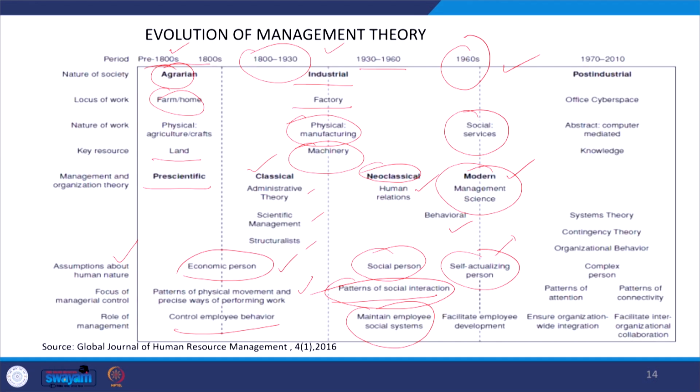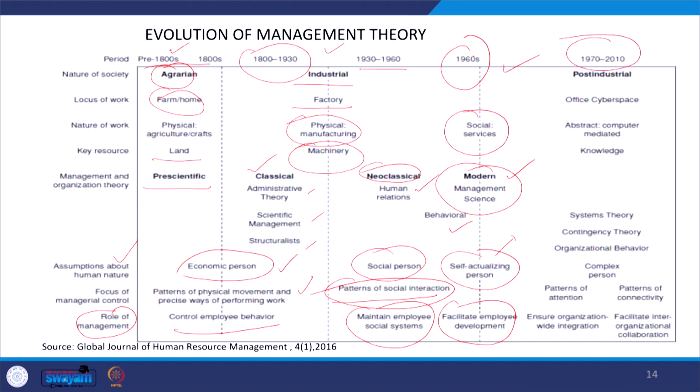As mankind progresses, the focus moves towards higher motivational needs like self-actualization, where people want to do something more, something innovative, and contribute based on their knowledge, skills and efficiency. The role of management became facilitating employee development. It was not exercising control, nor just maintaining employee relationships in the workplace, but facilitating employee development. The focus is on the development of human capital.